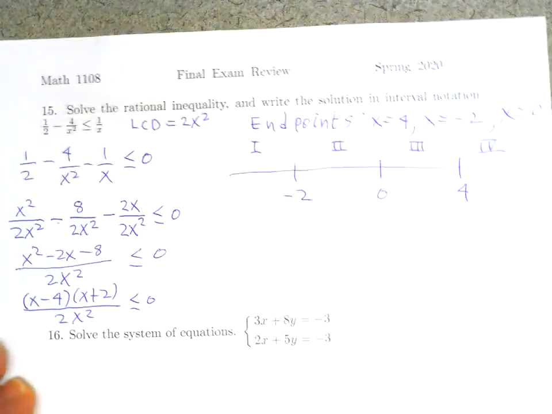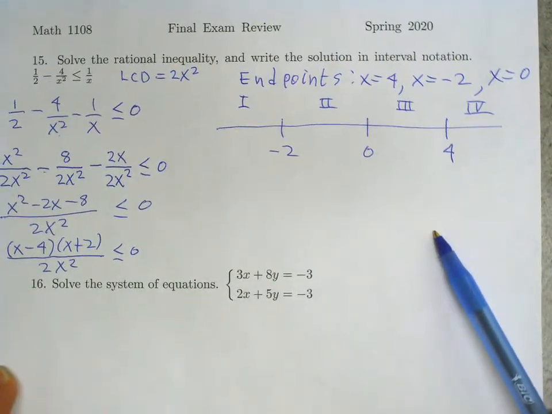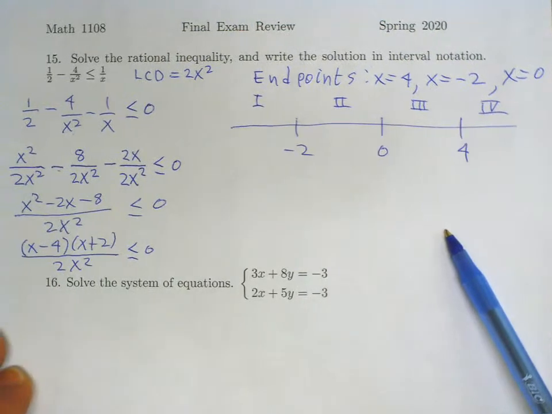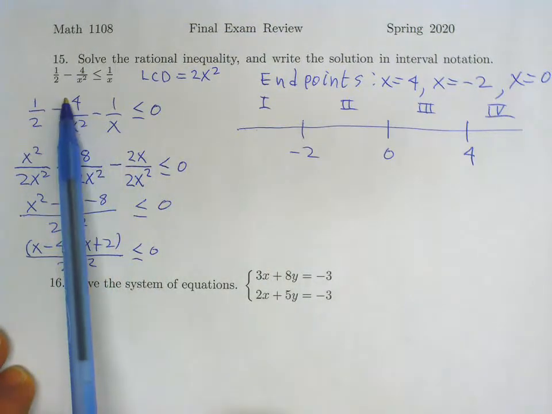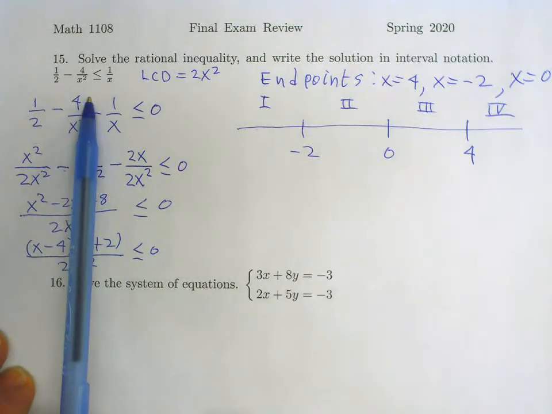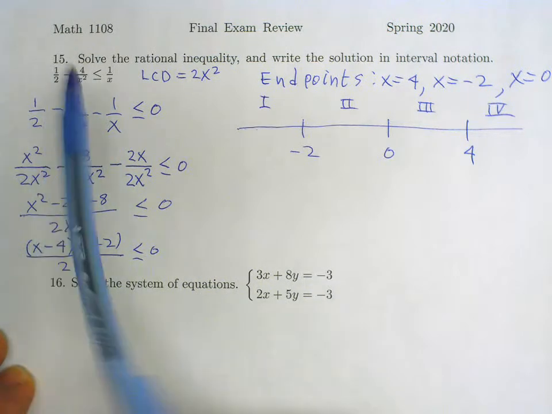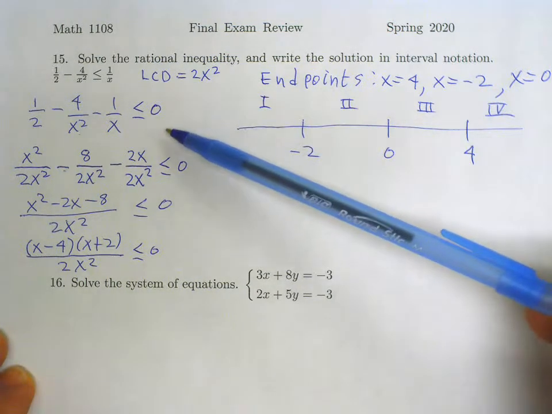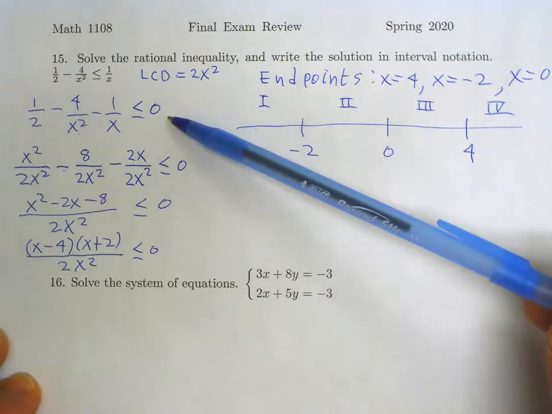Last time we were working on this rational inequality. We started out with an inequality involving rational expressions. But when solving rational inequalities, we want one side to be 0, so we had to subtract 1 over x from both sides.